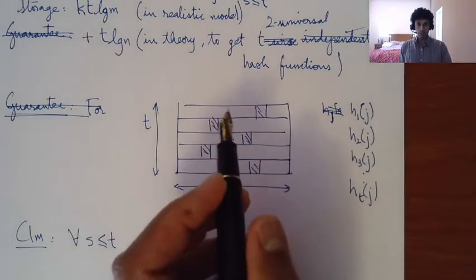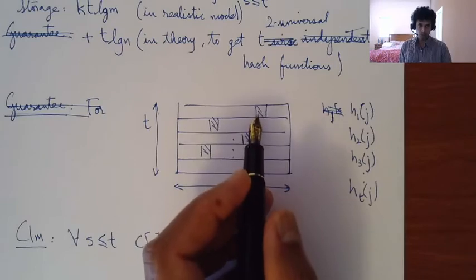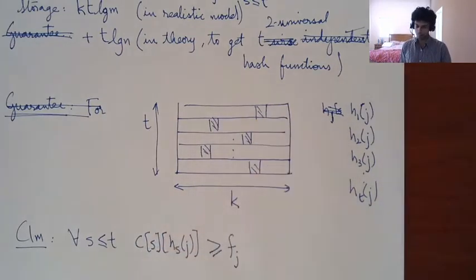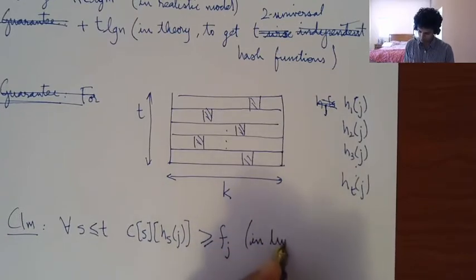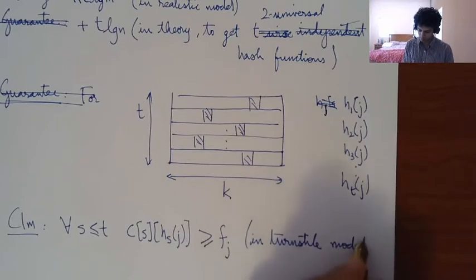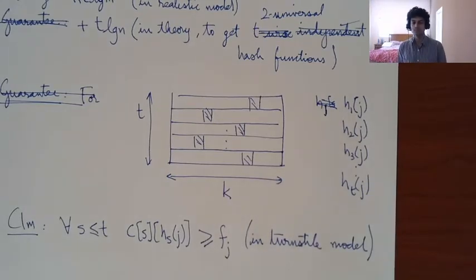There may be other elements that also increment that position, but that will keep it as an upper bound. This happens in the turnstile model.